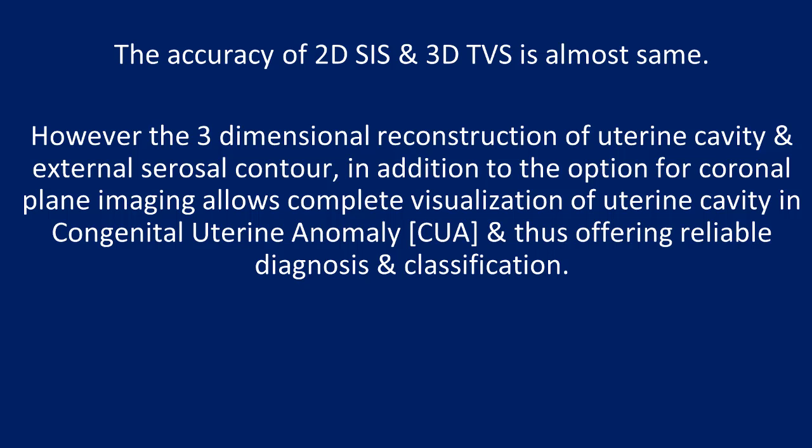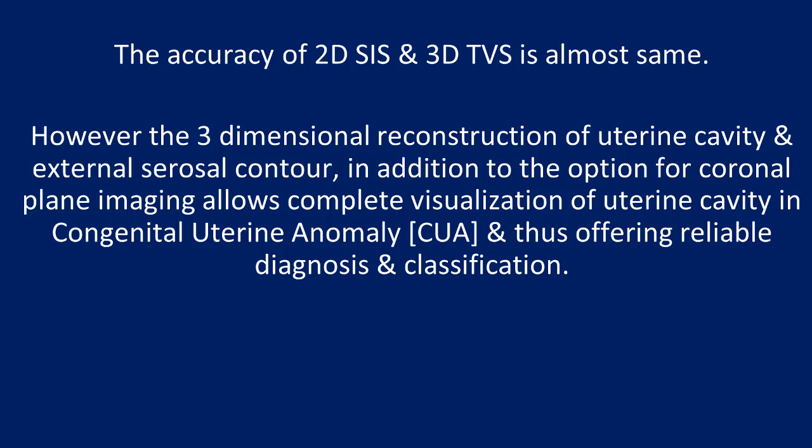Now, the accuracy of 2-dimensional saline infusion sonography and 3D transvaginal sonography is almost the same. However, the 3-dimensional reconstruction it creates of the uterine cavity and the external serosal contour, in addition to the option of coronal plane imaging, allows complete visualization of the uterine cavity in congenital uterine anomaly, and thus offering reliable diagnosis and classification.